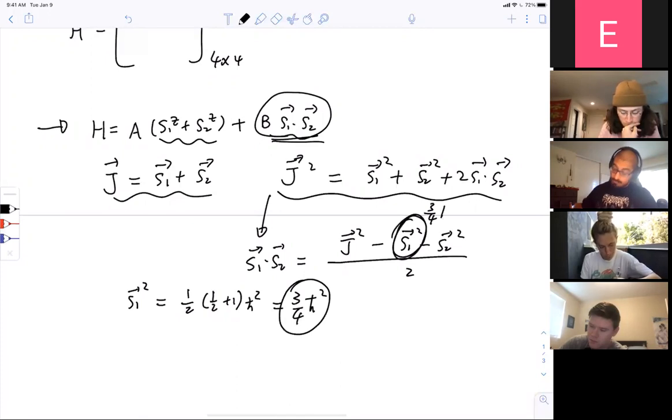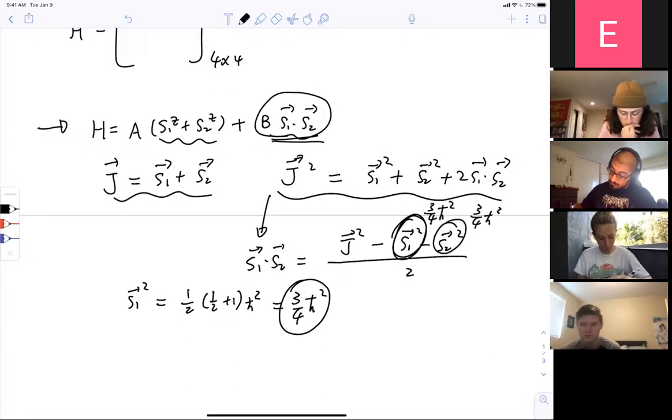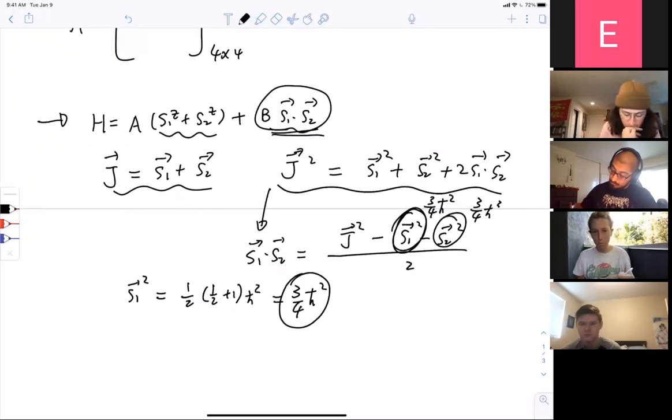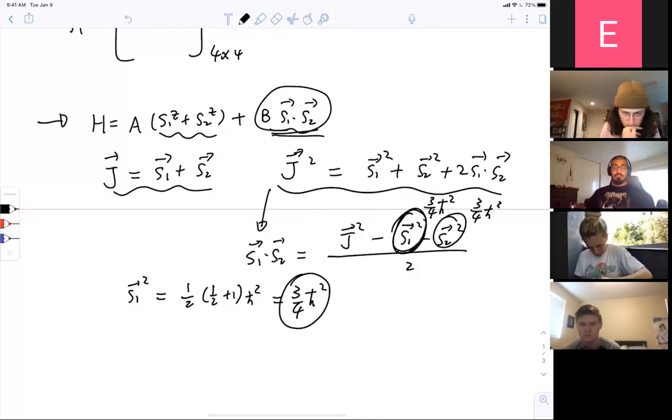So we can replace this operator with this number. Of course, it's a number times identity, but we don't care about the identity, so we just write it like this. This is also 3/4 times h bar squared. There are two ways to understand it. First, this operator only acts on the first spin, right?